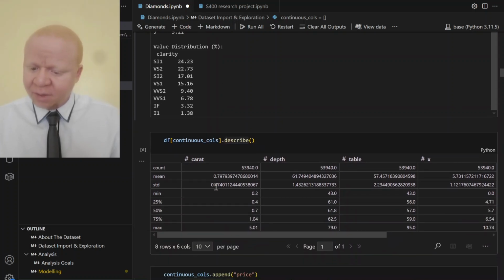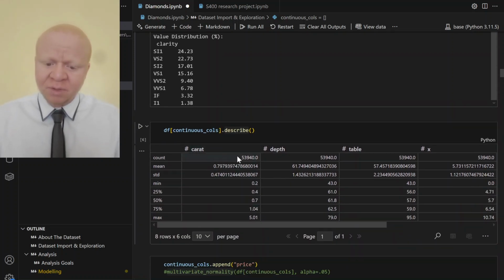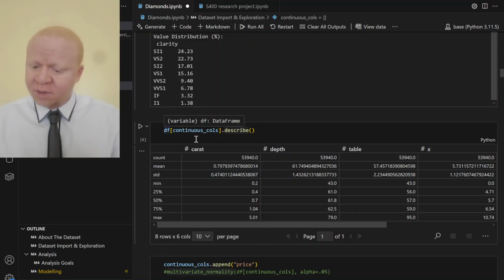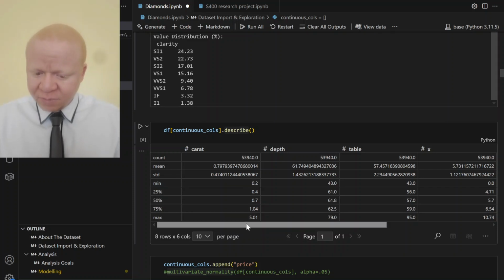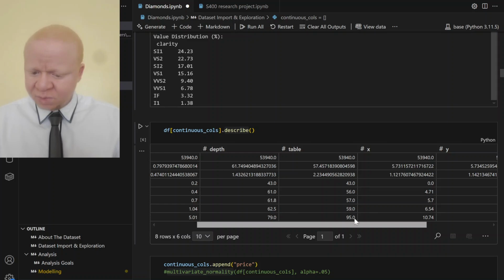Alright, moving further along, we now do the exploratory data analysis for the continuous columns. We get to see the counts and their quartiles, and from these we could recognize a few things. I did not expect that X, Y, and Z started at 0, but maybe a bit more domain knowledge would help.